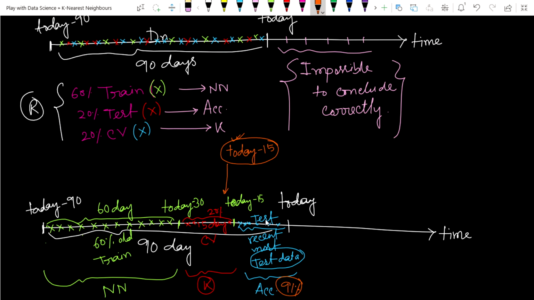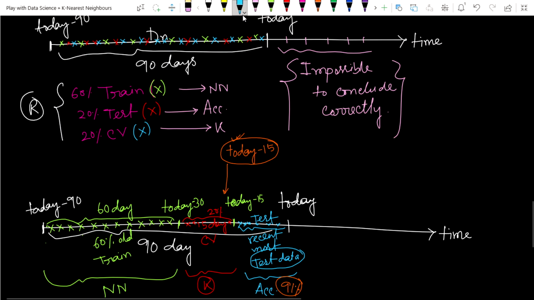But if you visualize this in reality, if we had deployed this model 15 days ago, then we could get this accuracy using the most recent data.